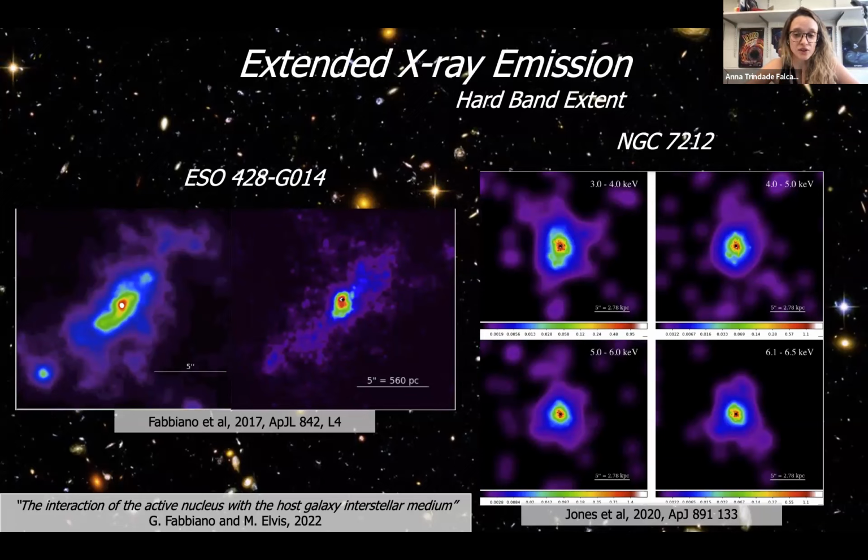So the energy dependence of this emission, as I'll show, suggests that in the case of the hard band X-ray, the molecular clouds that are responsible for scattering these hard AGN photons are more concentrated, at smaller radii.